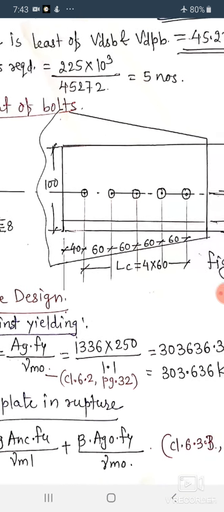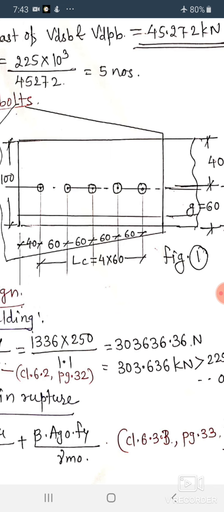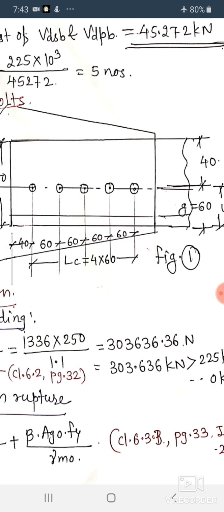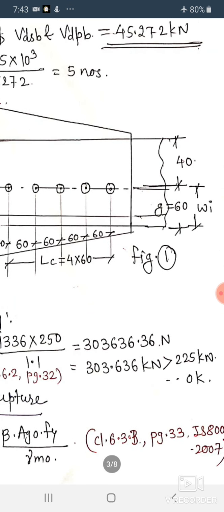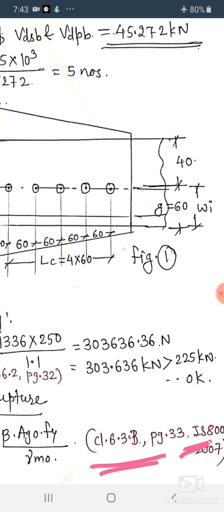So you will be getting it equal to 303.636 kilonewton. If this load is greater than the given factored load, then your design is safe.